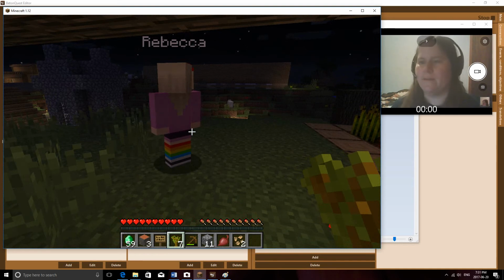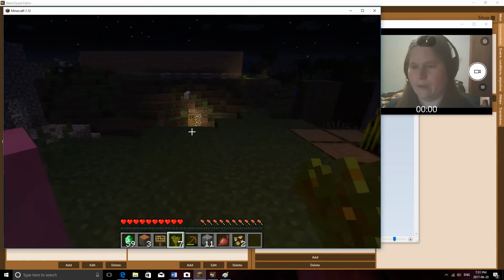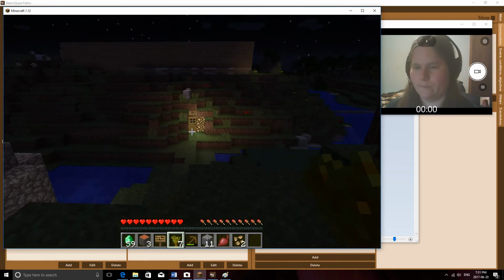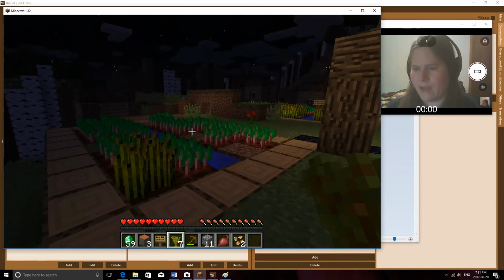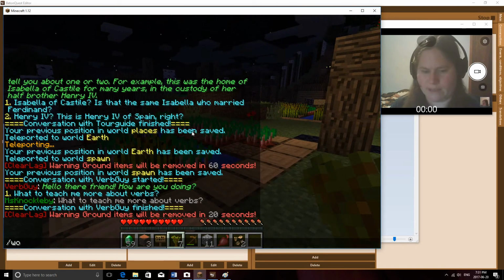Students are supposed to come, they're supposed to play on here, they can build their own little house, gather resources from the NPCs or from the environment around. And then for the second class, we do sentence modeling and sort of a review. So that is how my grammar class works.